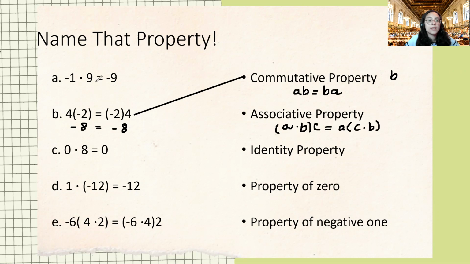So I'm going to go to the left-hand side and try to find an example where we see three numbers. And here in E, I see that I have -6 outside the parentheses, and inside we have 4 times 2. And this is equal to, if we were to multiply -6 times 4 first, and then multiply 2. So that looks like the associative property.